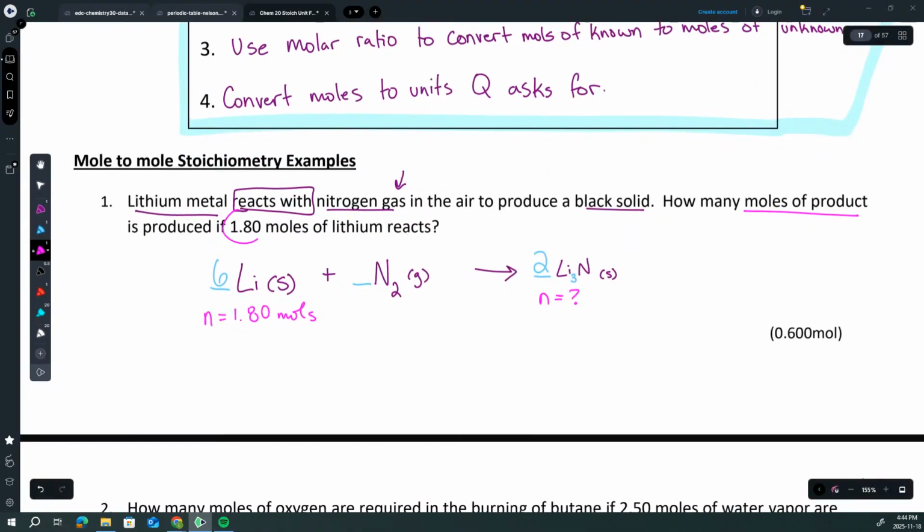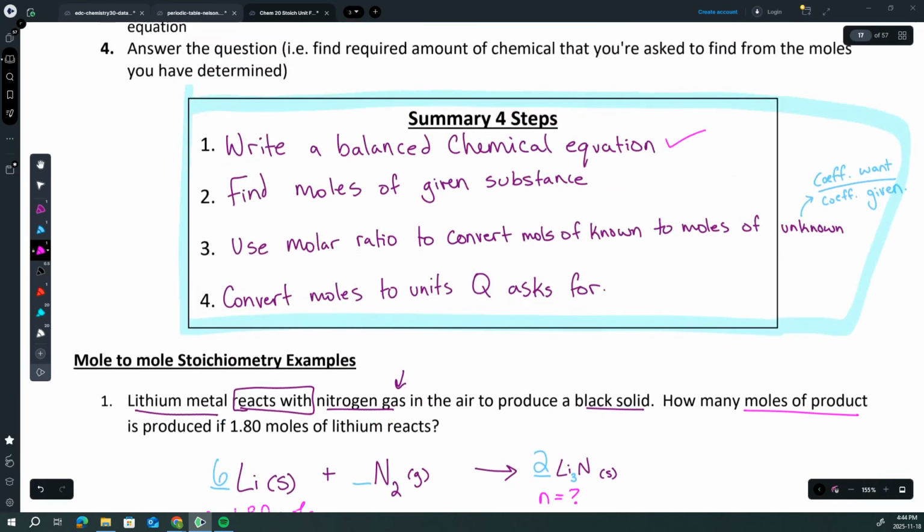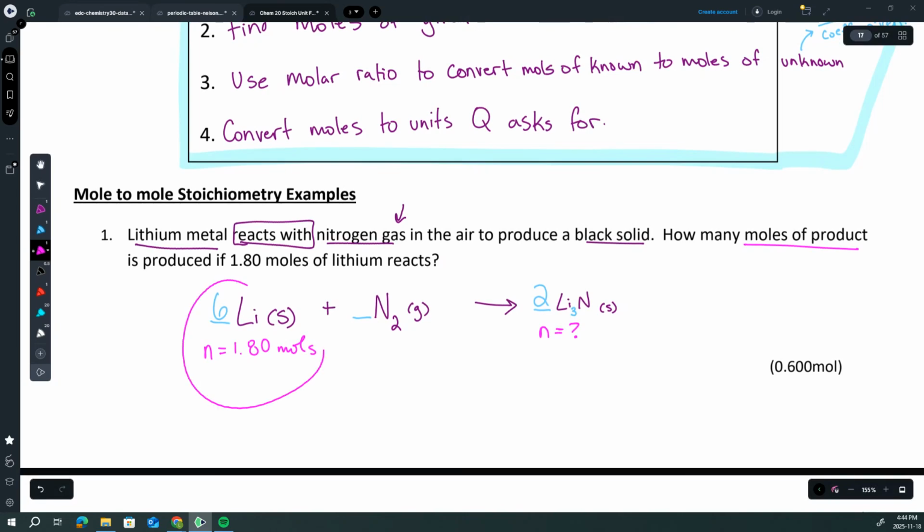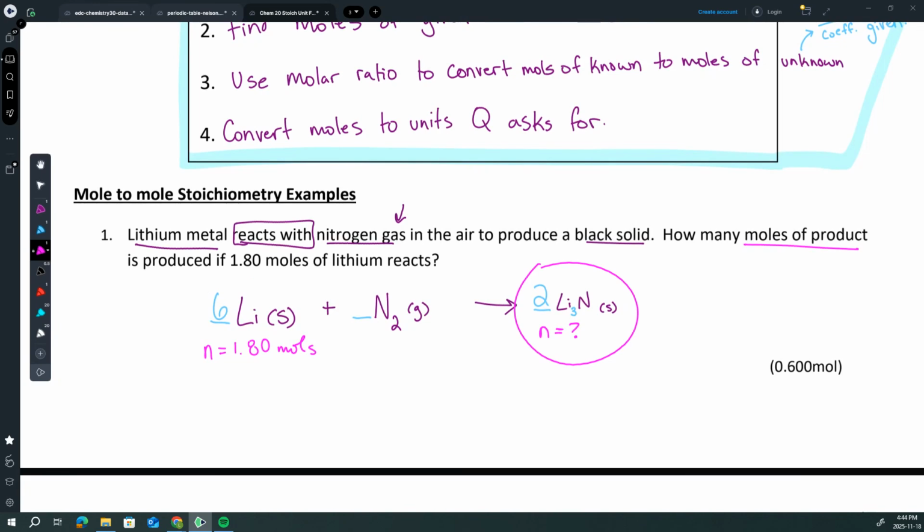Well, they already gave us that number, so step 2 has already been completed because the question gave us that number. So right now we're on step 3. We're going to use the mole ratio to convert moles of our known substance, which is lithium here, to the moles of our unknown substance, which is lithium nitride.